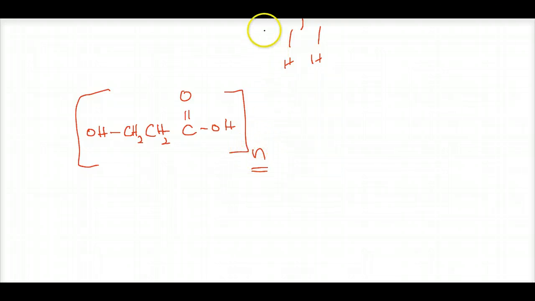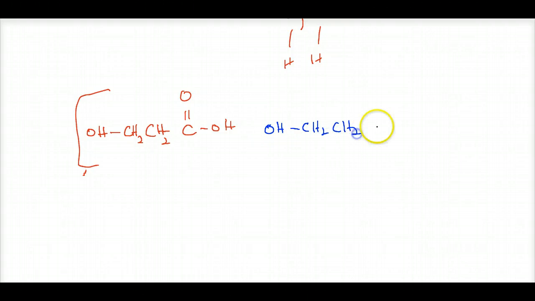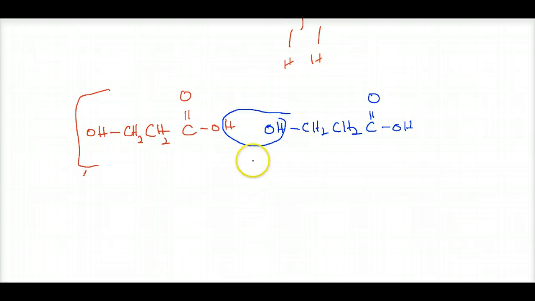It's a polymer. However, if I draw another monomer the same way, let's put it in blue, and I have the OH ending, CH2, CH2, C double bond O to the OH. I take out the water, and guess what I make? I make an ester linkage.